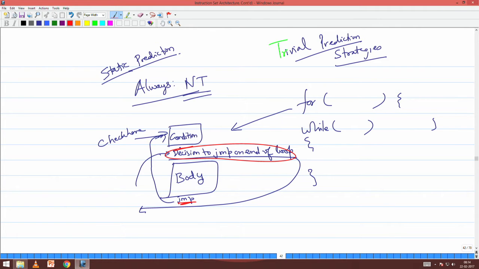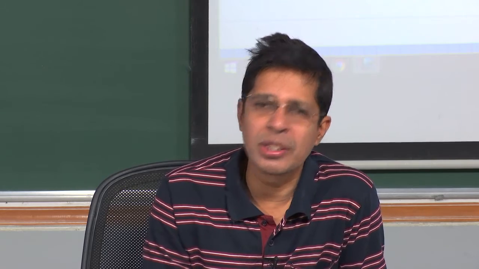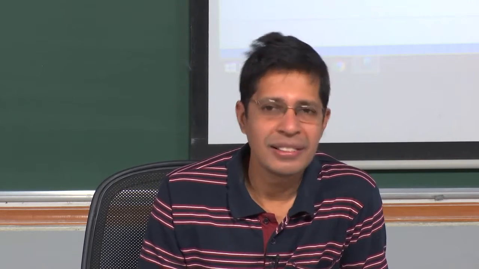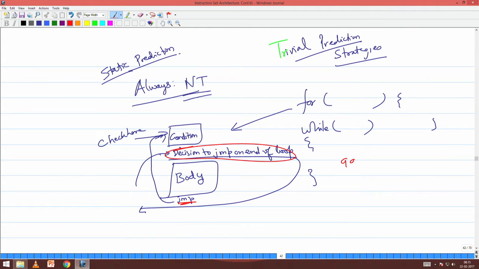Okay. Now what do you see here? The interesting thing. So you have done the translation, right? You have generated code in your previous course. So this is how you did it. You remember? Now, assuming that the for loop is going to execute for say 10,000 times, 9,999 times you are going to have correct prediction, because 9,999 times this jump will not be taken, the body will be executed.